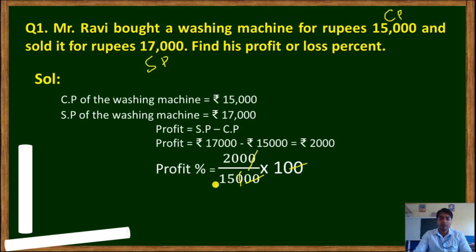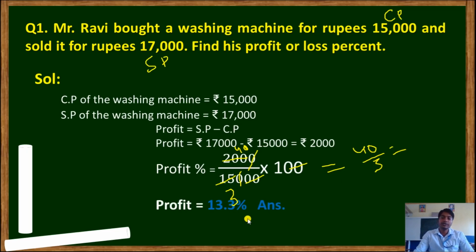Now 5 threes are 15, 5 forties are 200. Now here we have 40 by 3. When we divide, we'll get 13.3. This is the profit percent. Understood?